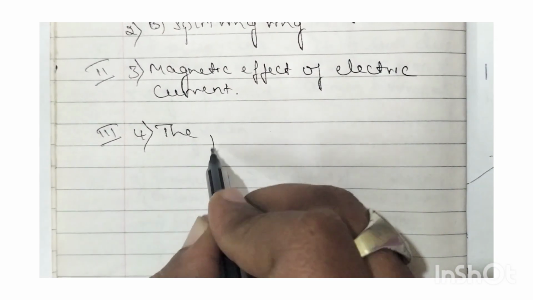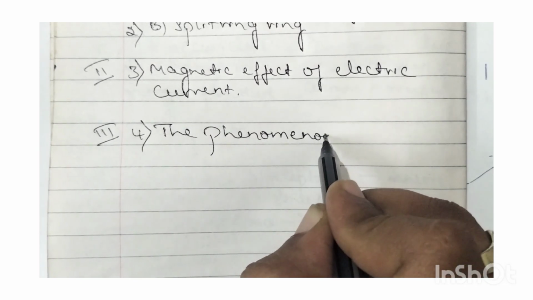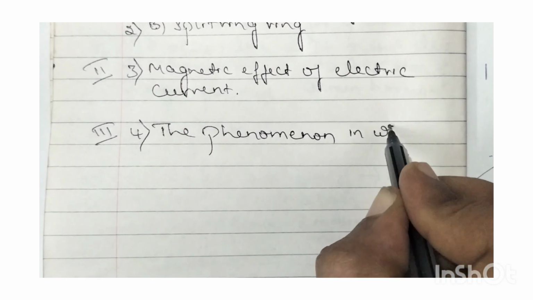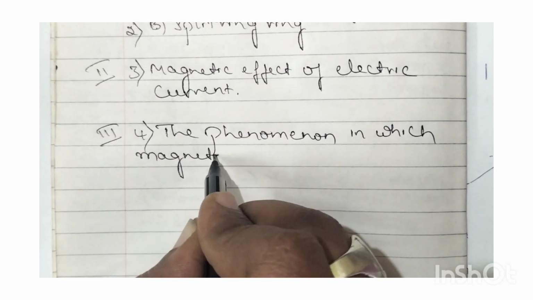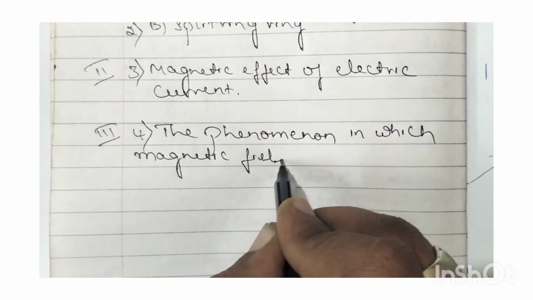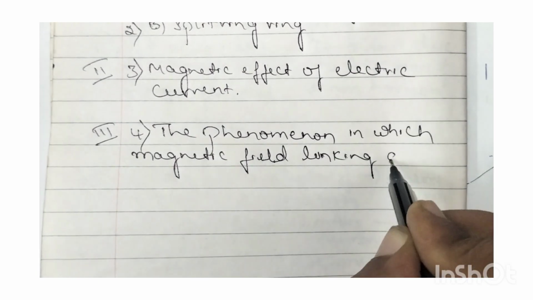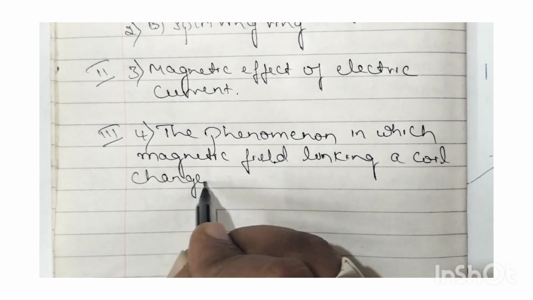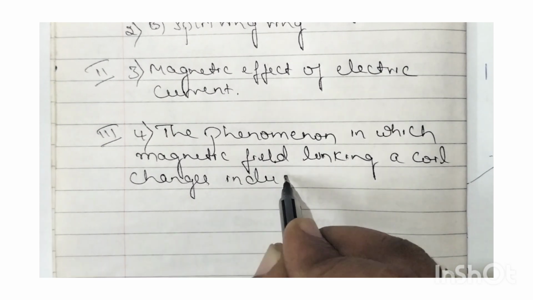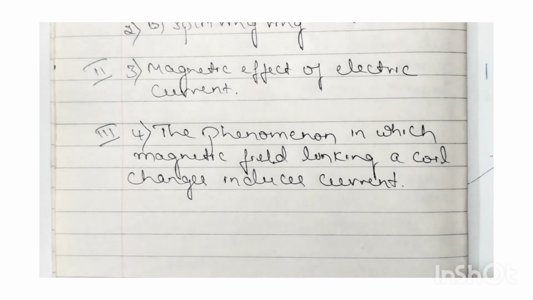Electromagnetic induction, we call it EMI, is the phenomenon in which the magnetic field linking a coil changes and induces current. So this phenomenon is called electromagnetic induction.